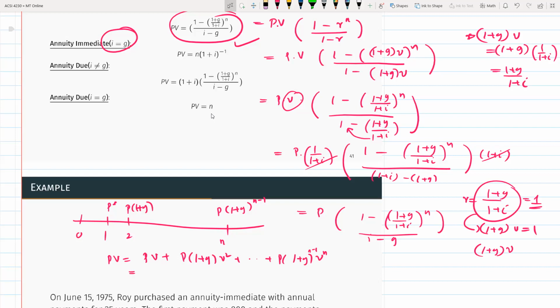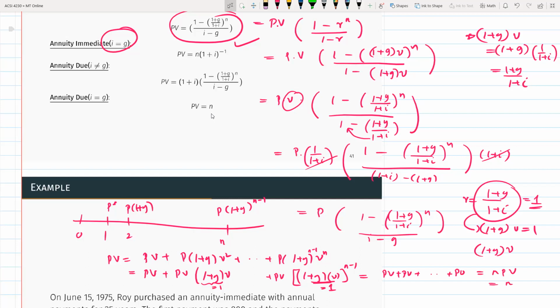So I can write this as P times V, 1 plus G times V. That's going to be 1. The same way P times V, then 1 plus G times V, the whole thing to the N minus 1. This is basically 1. So you end up with PV, N of those. So it's going to be N times PV.